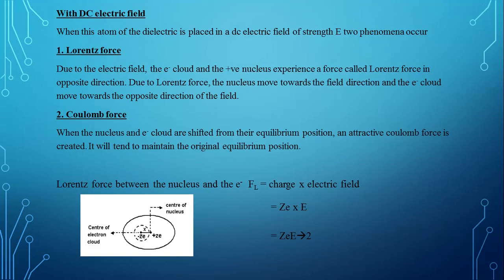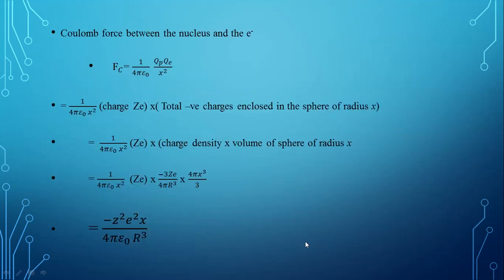Now see the Lorentz force between the nucleus and the electron, which is equal to charge into electric field. One of the charges we are taking is the nucleus charge Ze, and the electric field is E. Name it as equation number 2. The Coulomb force between the nucleus and electron is given by the relation 1 by 4 pi epsilon naught Qp Qe.